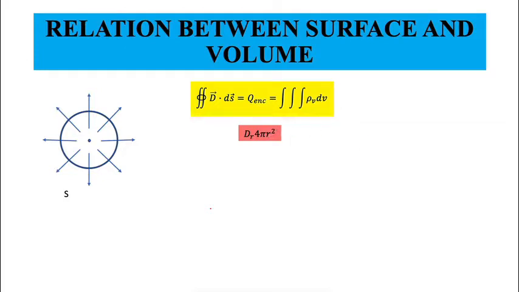If your sphere has a radius of r, then the left hand side will be given by D r multiplied by 4 pi r square, 4 pi r square being the surface area of a sphere of a constant radius r.